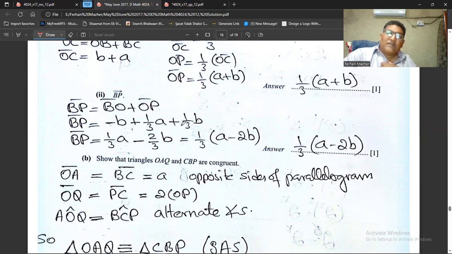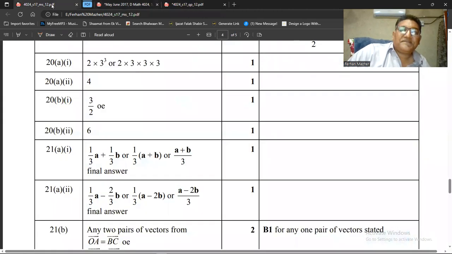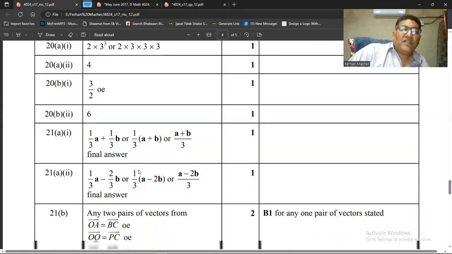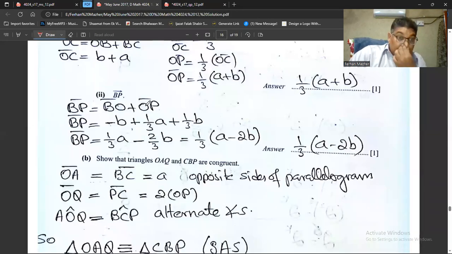Now these two can be simplified with each other. So it will become minus 3b plus 1b, and that will be minus 2b divided by 3. So it will be 1 by 3a minus 2 by 3b. I can take 1 by 3 common. So it will be 1 by 3 bracket a minus 2b. That is the answer, sir. 1 by 3 bracket a minus 2b is the right answer, sir. This is the solution.